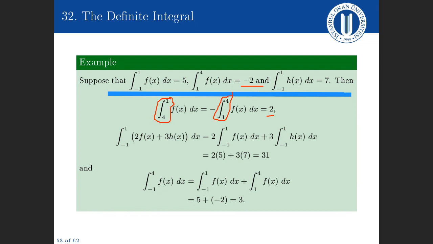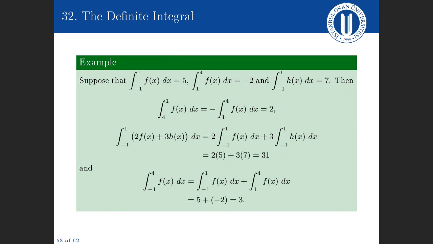Second one, integral from minus 1 to 1 of 2f plus 3h. We can use the sum rule and the constant multiple rule to write this as 2 times the integral of f plus 3 times the integral of h. We know that the integral of f is 5, and we know that the integral of h is 7, so we're doing 2 times 5 plus 3 times 7.